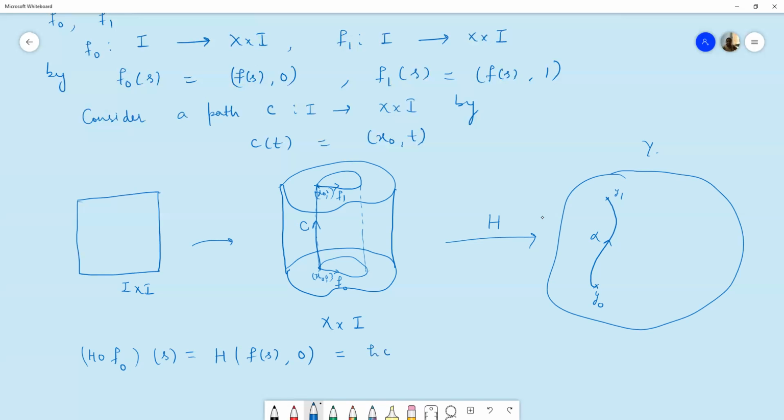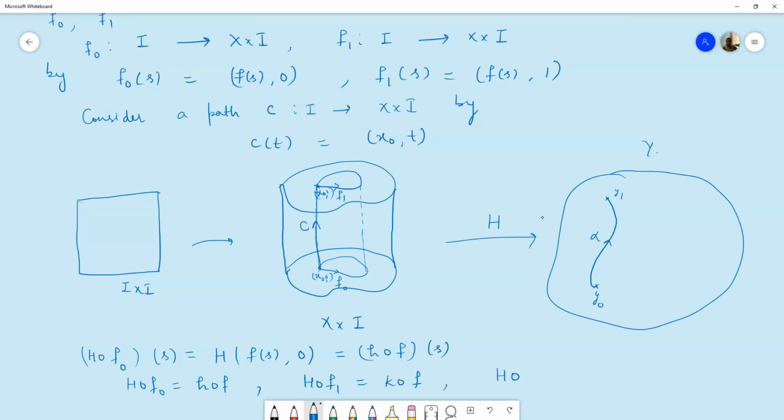So it will be h circle f of s. So we can say that H circle f naught is basically small h circle f. And similarly, we can prove that H circle f1 is k circle f.